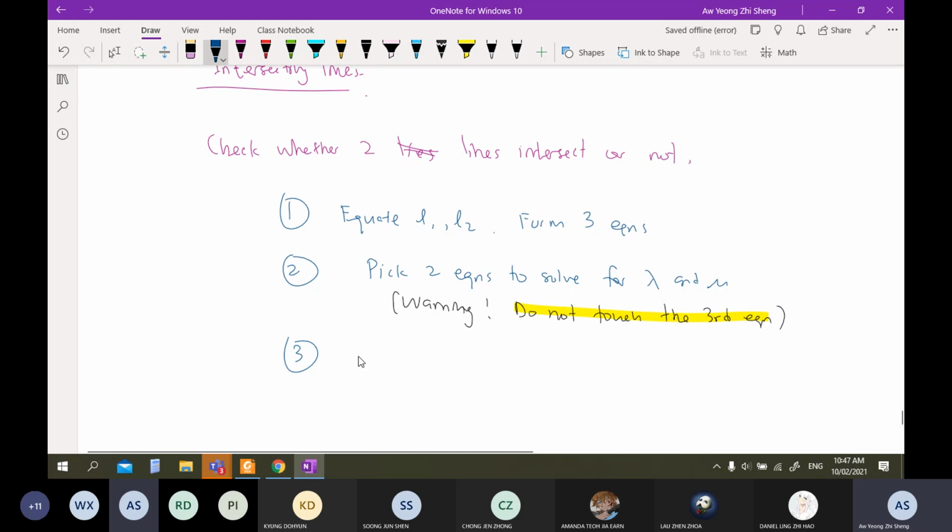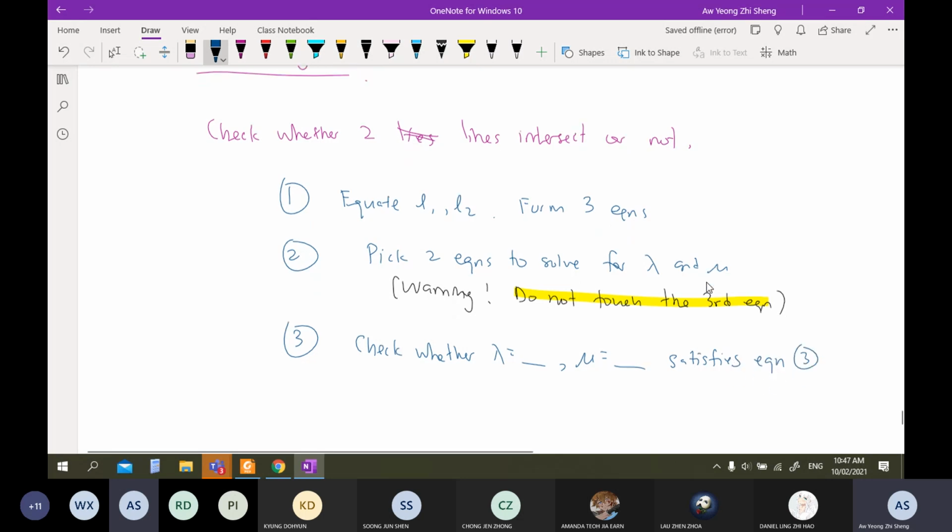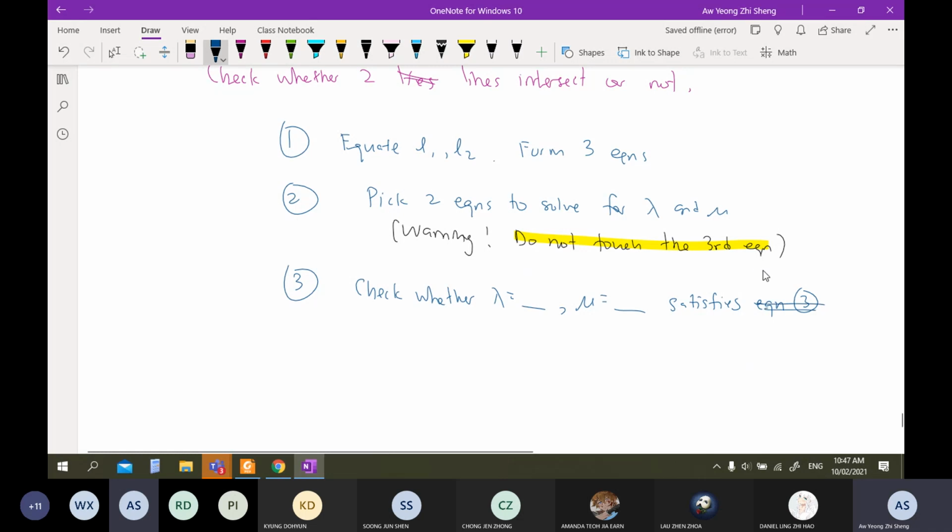Then step 3, check whether the lambda and mu that you got just now satisfy the third equation, depending on which equation you didn't use just now. Then step 4, conclude. So this is also a four-step procedure to check whether two lines intersect or not.